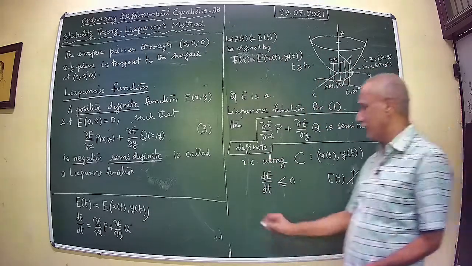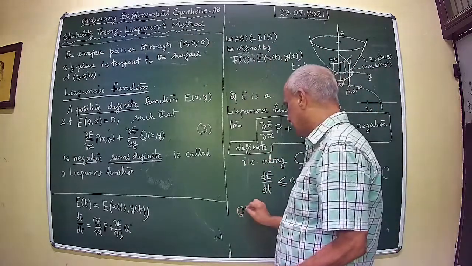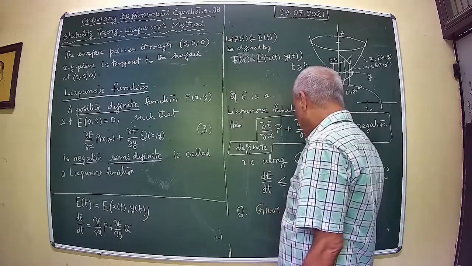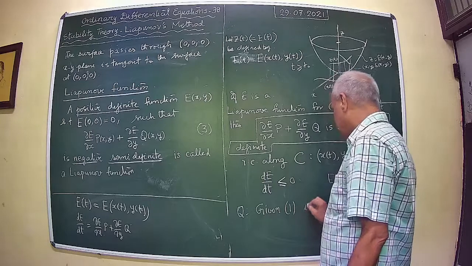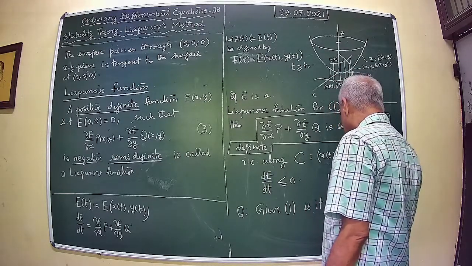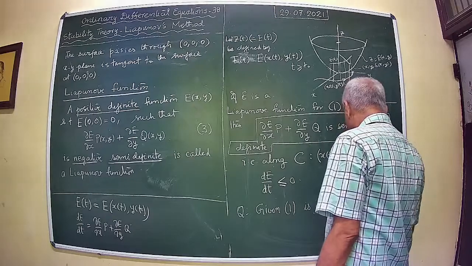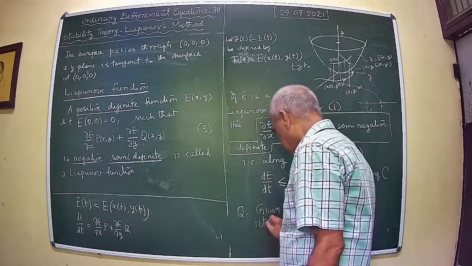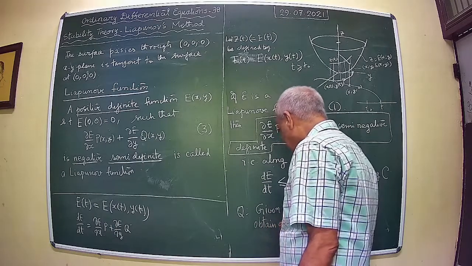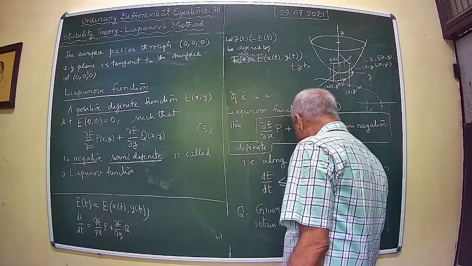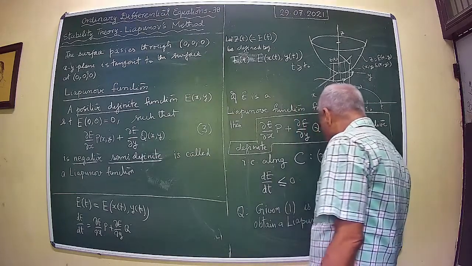So the question that you have is this: given 1, is it possible to obtain a Liapunov function?